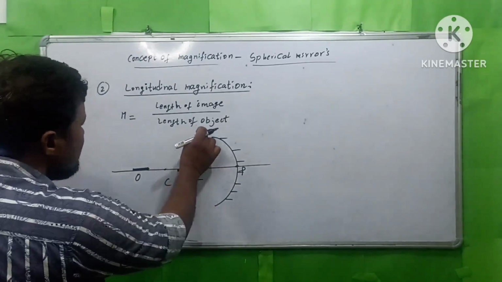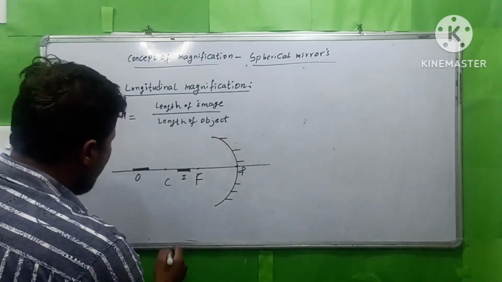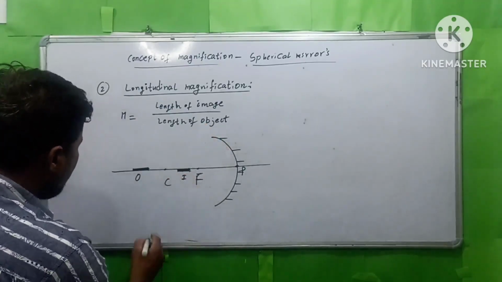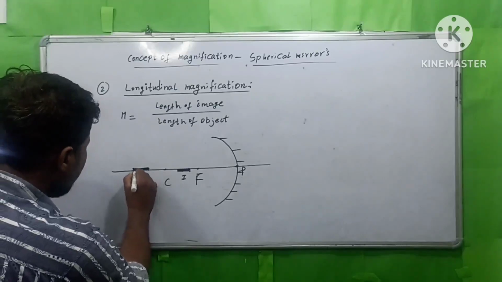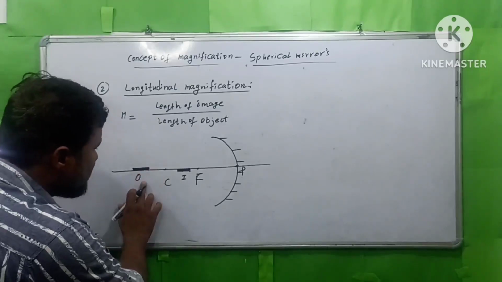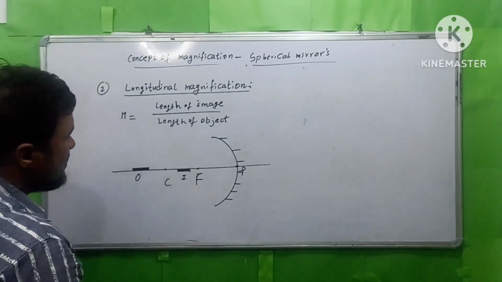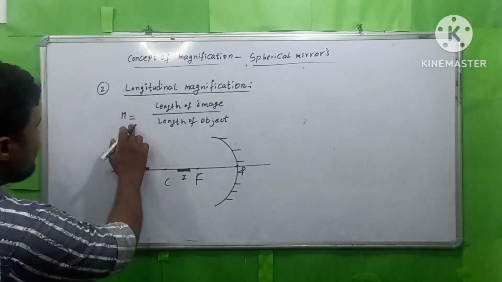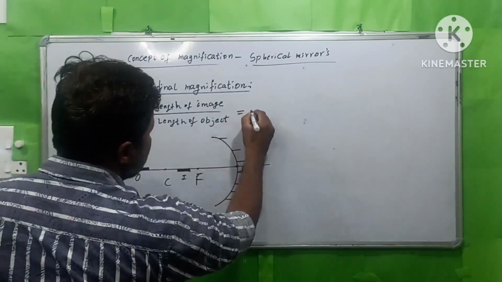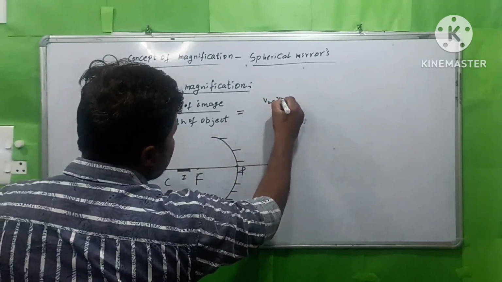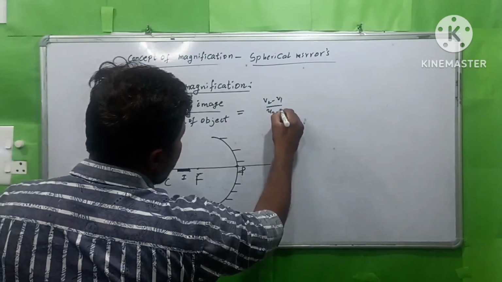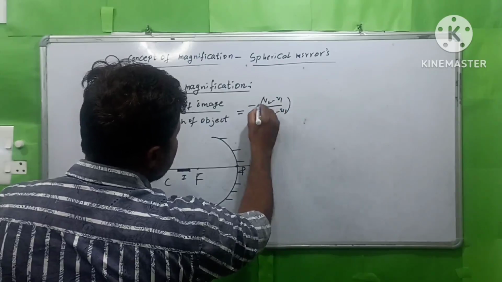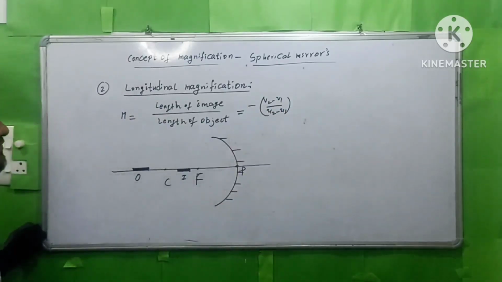Length of the image onto the length of the object. If the size of the object is large, then you have to use the magnification formula as (v2 minus v1) by (u2 minus u1). So minus will come, sign convention.